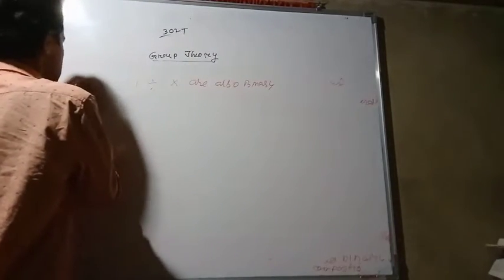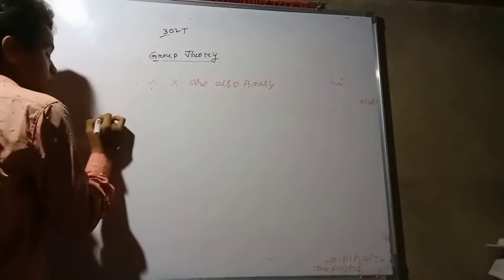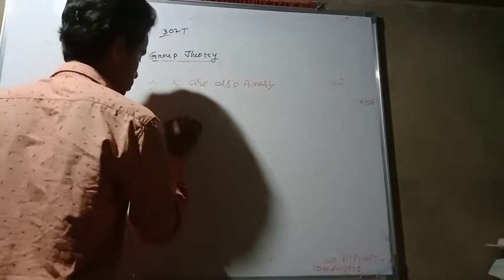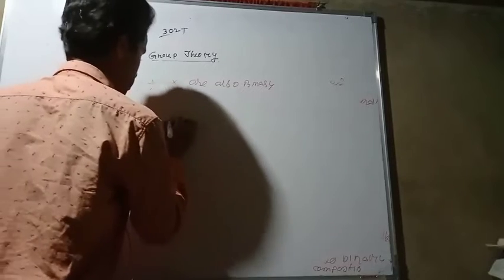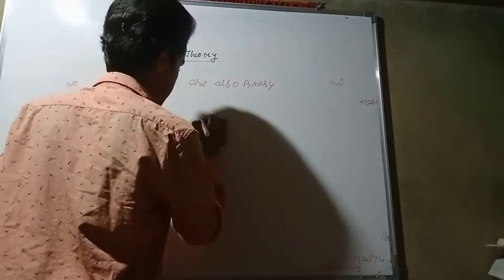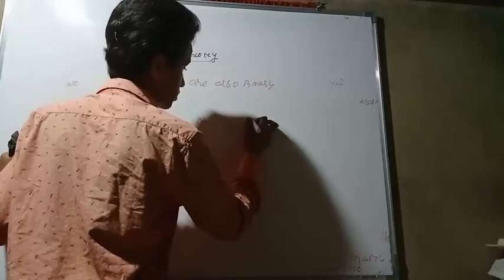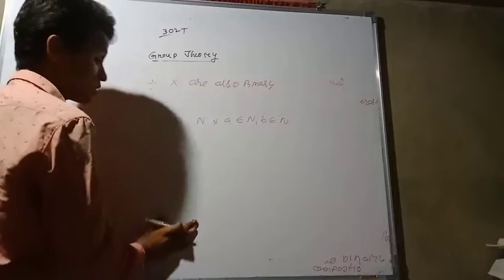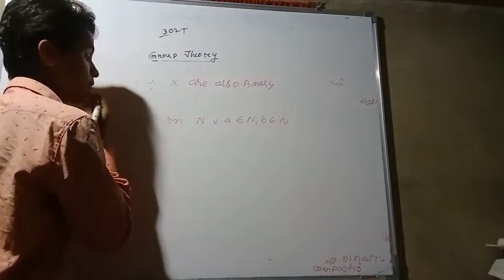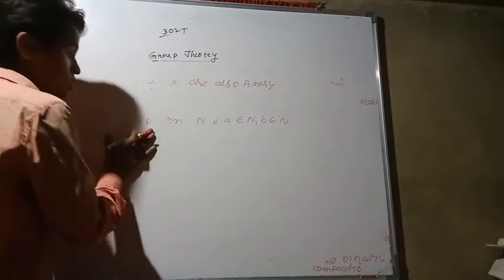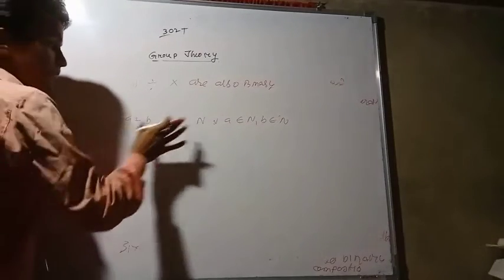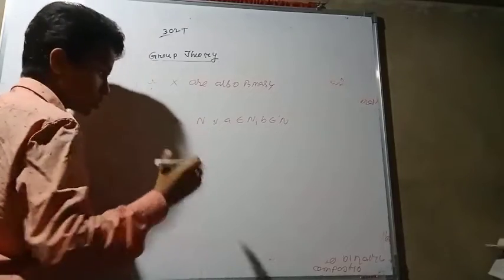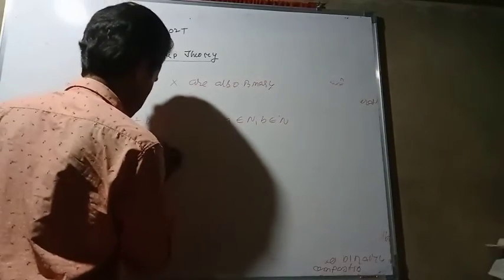Note: a plus b is said to be a binary operation on N for all a belonging to N, b belonging to N. So this is the binary operation. If we have a cross b, I am going to match this concept with the definition.